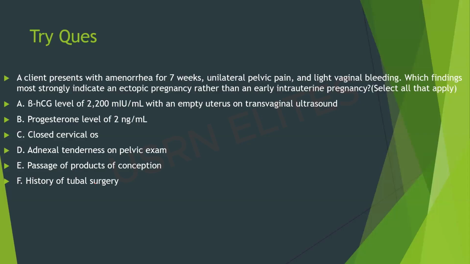Okay. Progesterone levels of 2. When there's early pregnancy, will progesterone levels go down or up? It should go up. Okay. Closed cervical os and adnexal tenderness, so B is part.